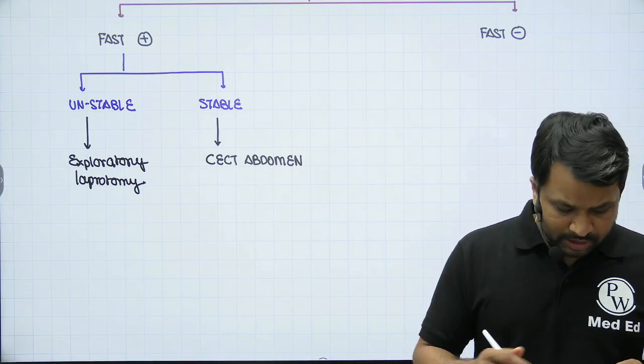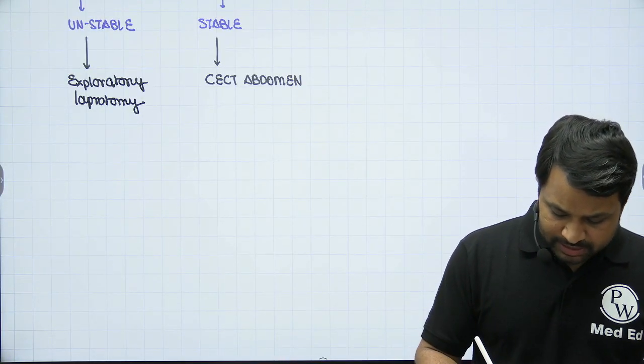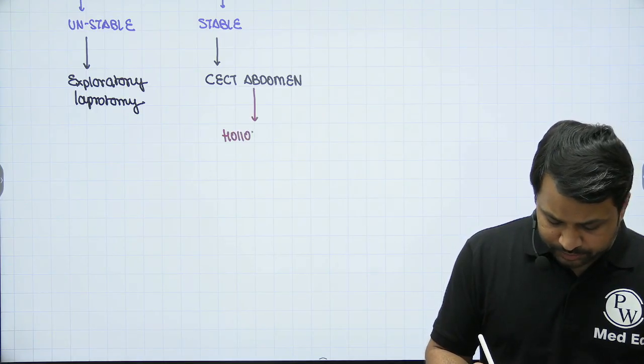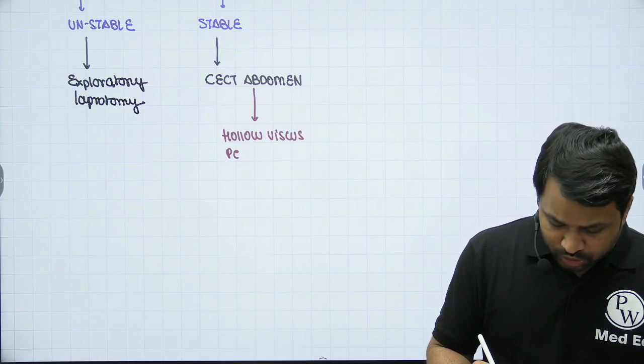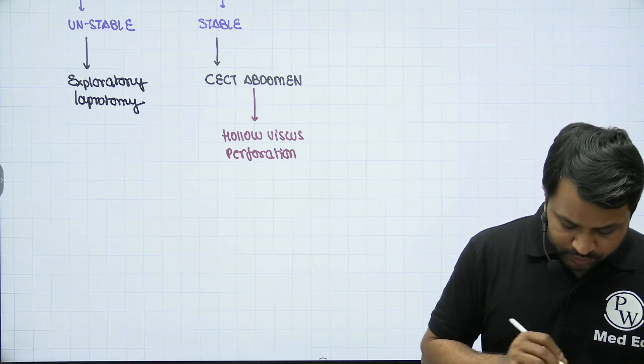What you're looking for on CECT abdomen is any evidence of hollow viscus perforation.